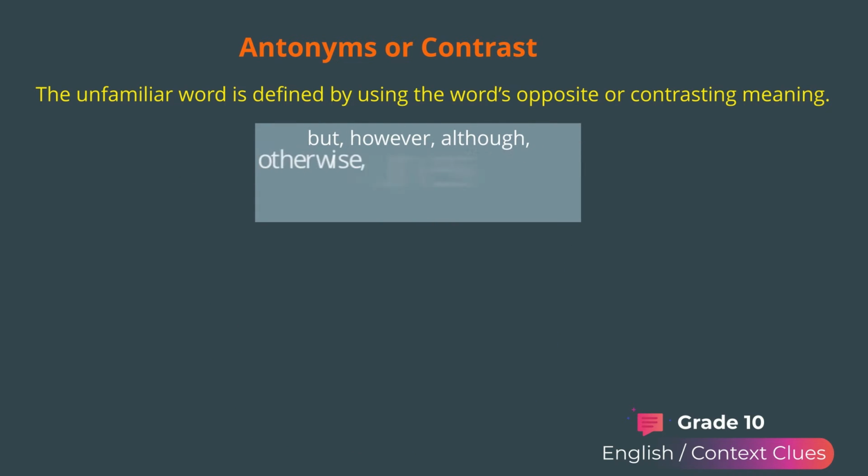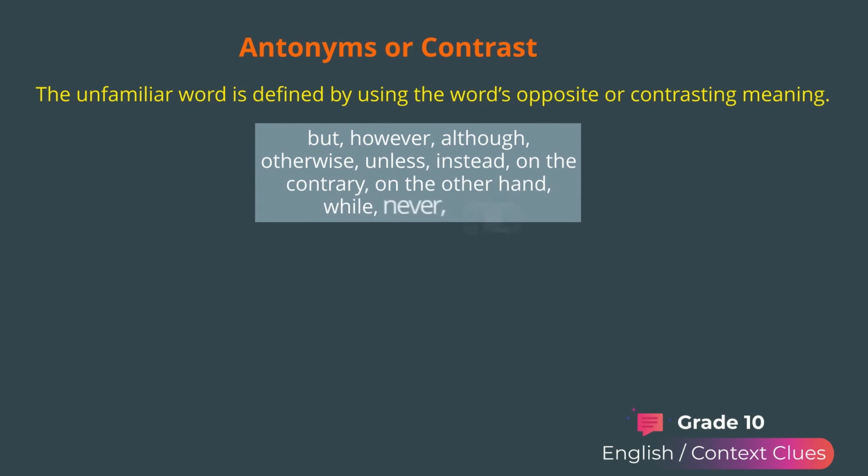But, however, although, otherwise, unless, instead, on the contrary, on the other hand, while, never, no, or not may be used to signal contrast.